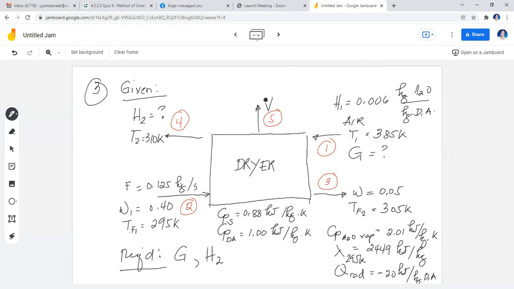You will see where we are going to base it. Water evaporated is what? Based on your illustration, how will you account for water evaporated? Just material balance. Water evaporated is?